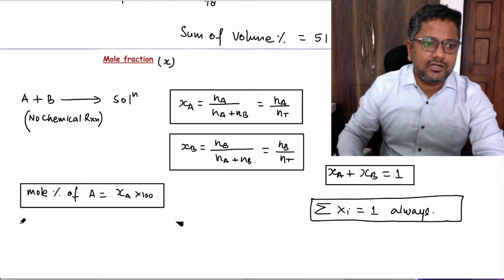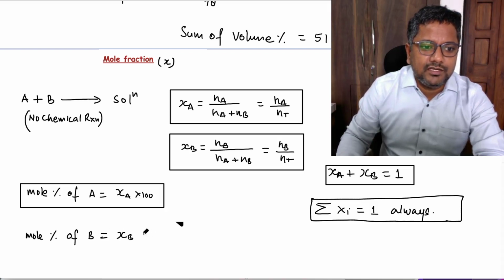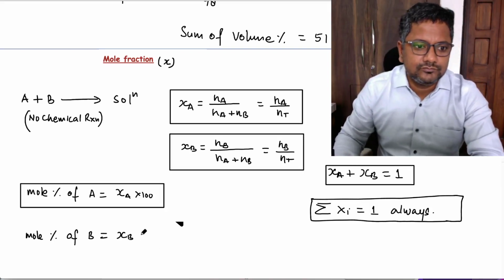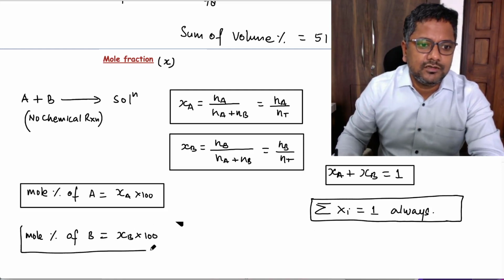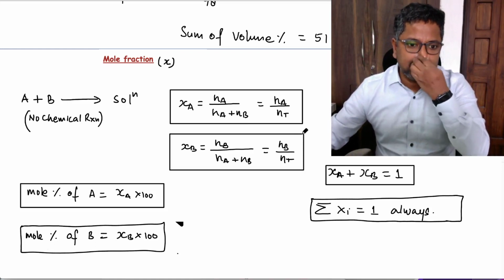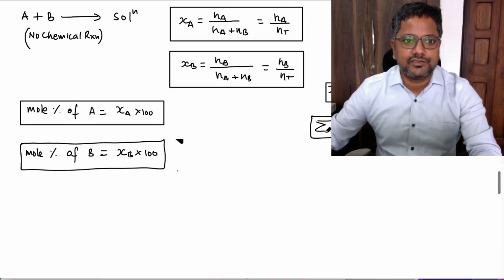Similarly, mole percent of B is equal to mole fraction of B into 100. So these are the different formulas. You can use these in the calculation of quantity in different homogeneous mixtures, right?